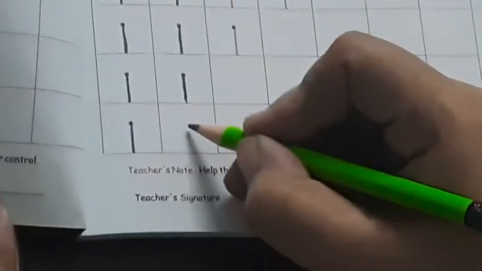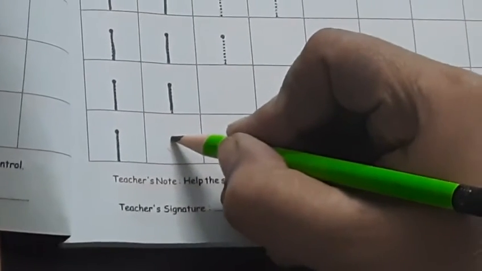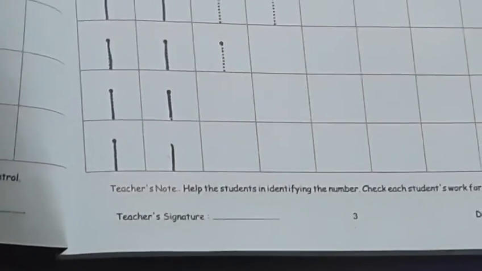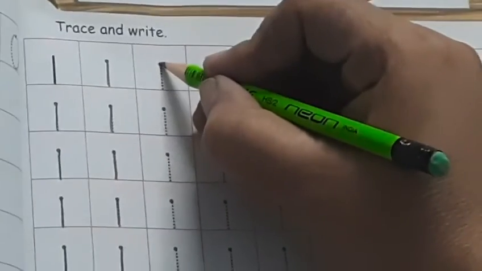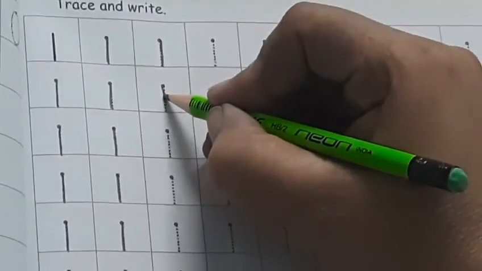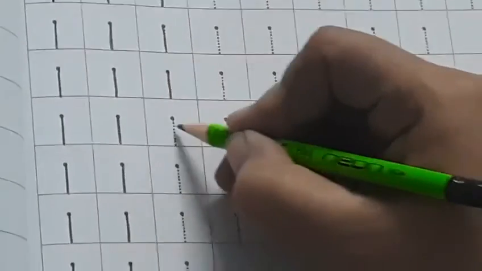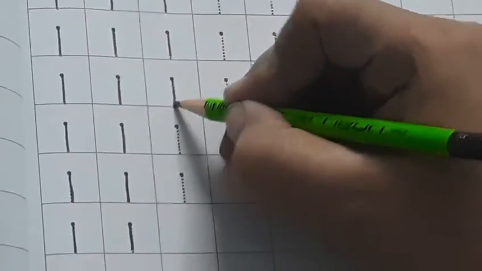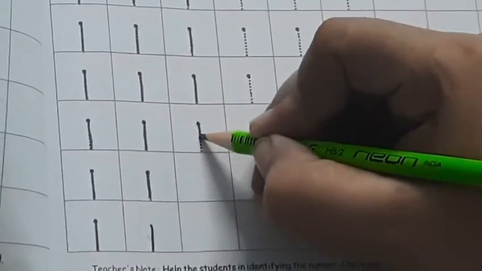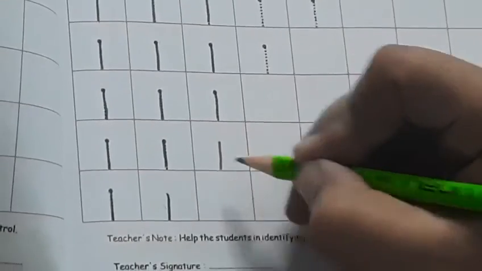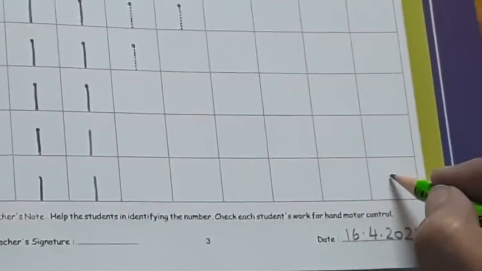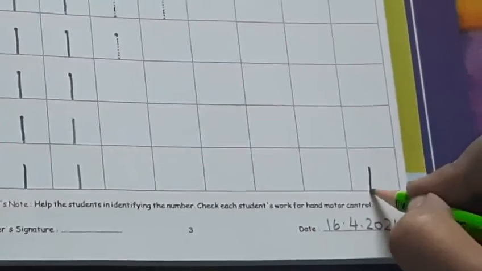And children, from here you have to write on your own. See, like this. And see, in this way children, you have to finish this page. You have to write in these blocks also till here. So children, finish this work, take its picture and send it to me.